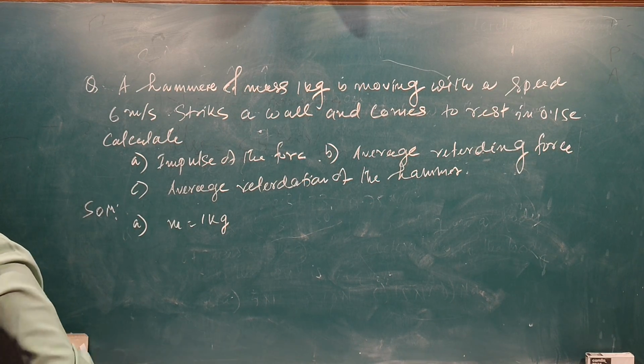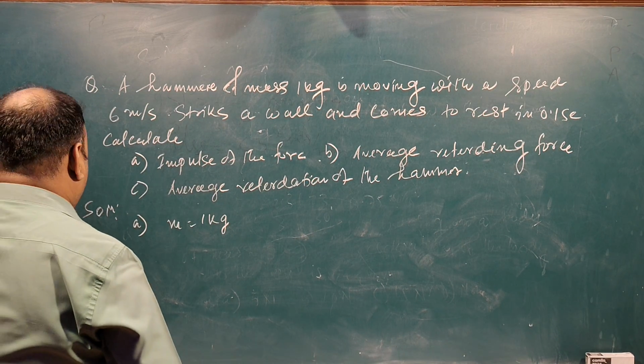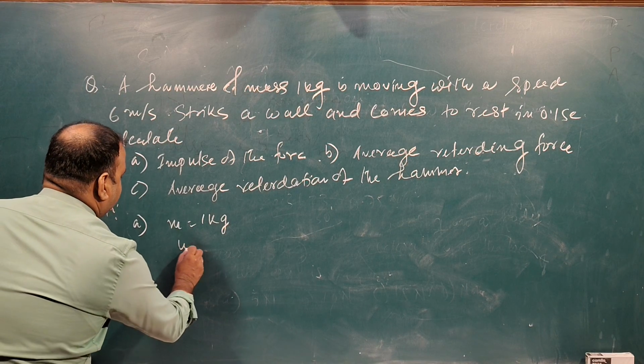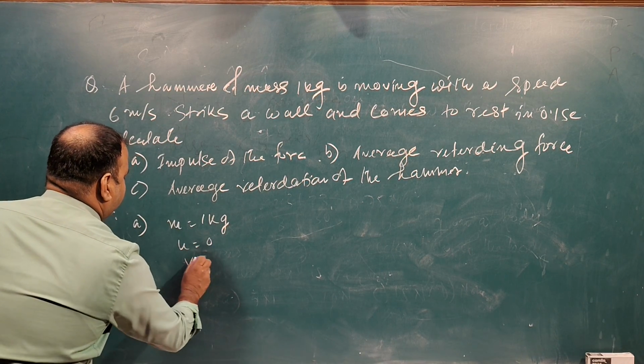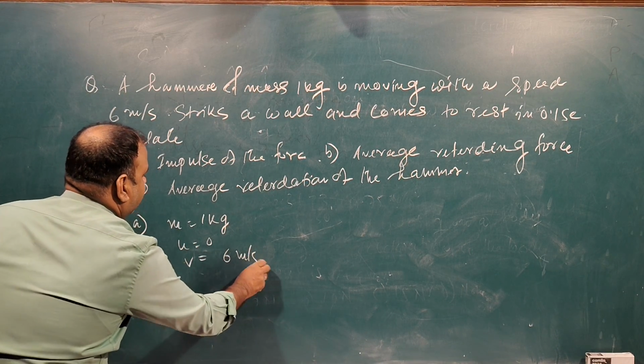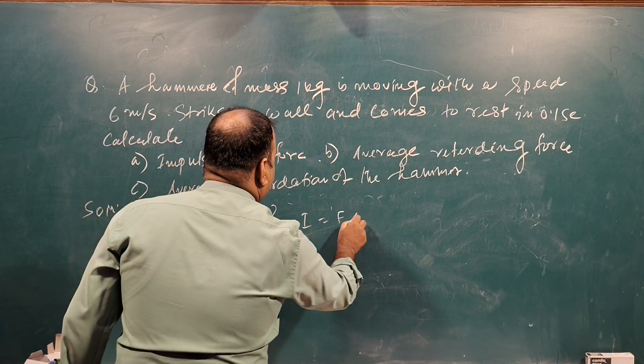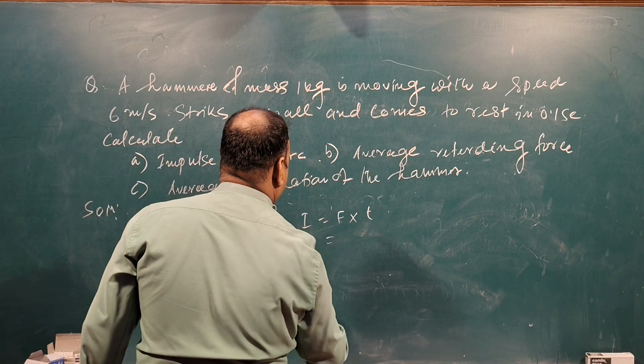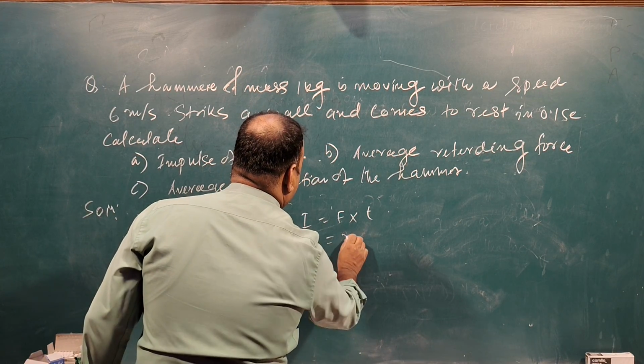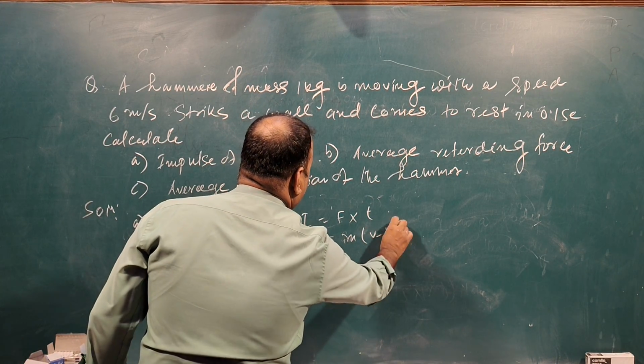Remember one more thing: the initial velocity is 6 meter per second and the final velocity is 0. So what formula can we use? I is equal to F into t, so we can write F t equals m(v minus u).